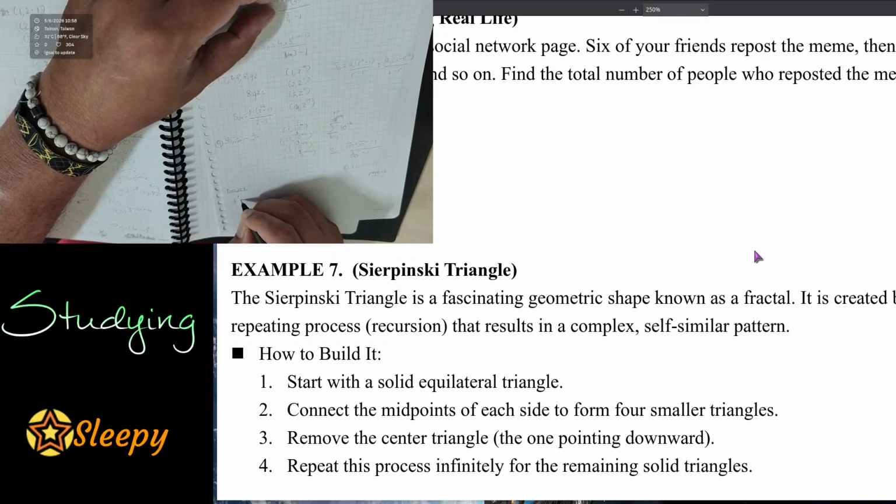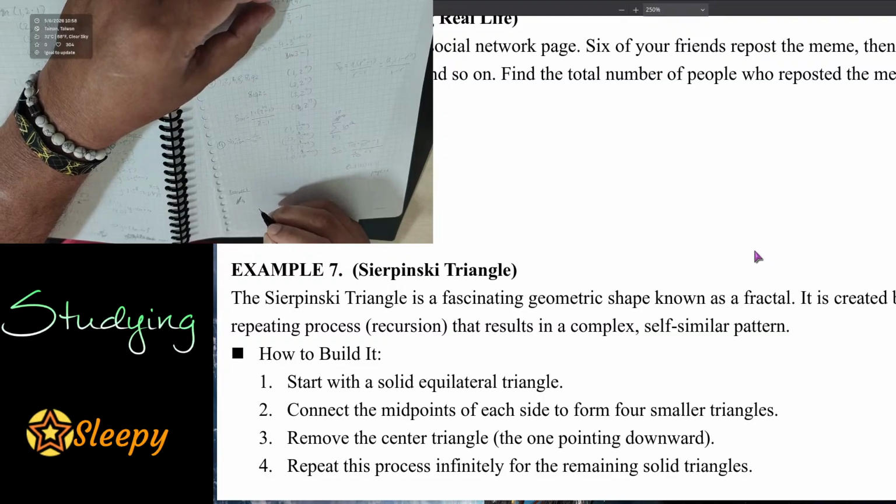But wait, so the formula is, the 1 is 6, the 2 is 36, so 6 squared. So a_n is 6 to the power of n, and n is 7.